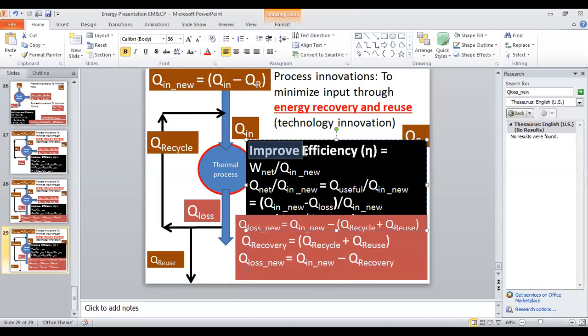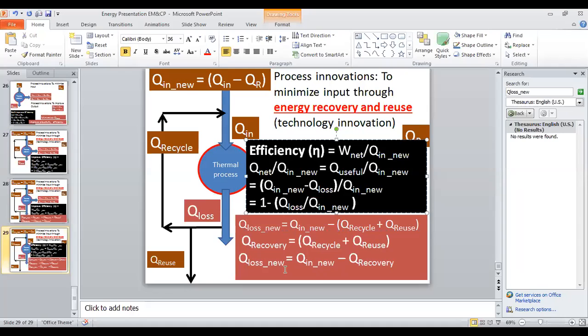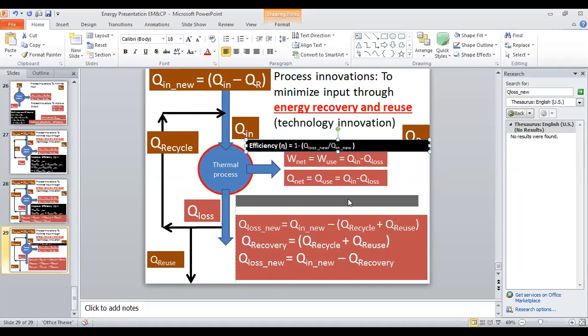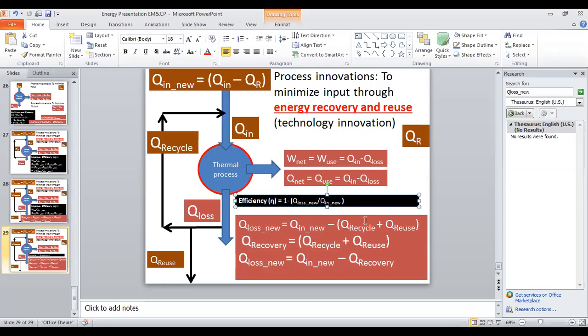So your efficiency becomes 1 minus Q loss new divided by Q in. That's how the efficiency term becomes.